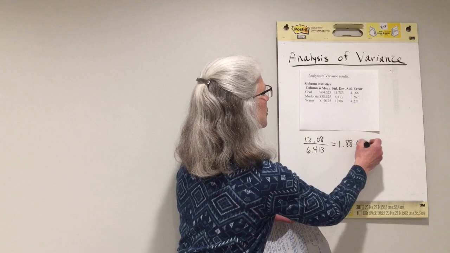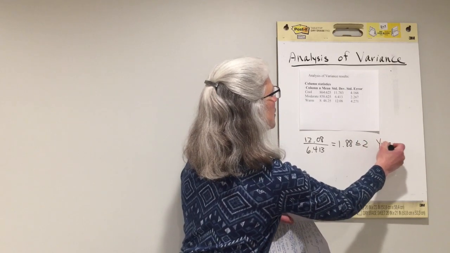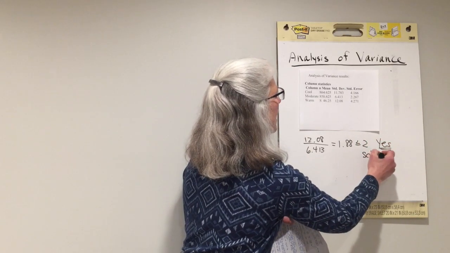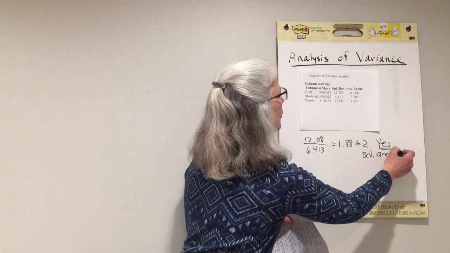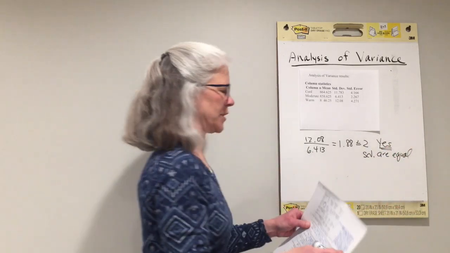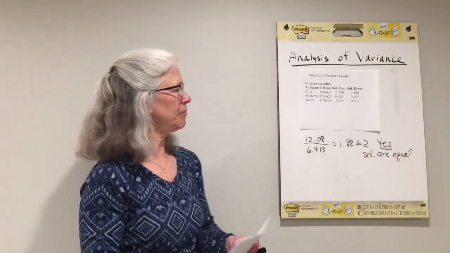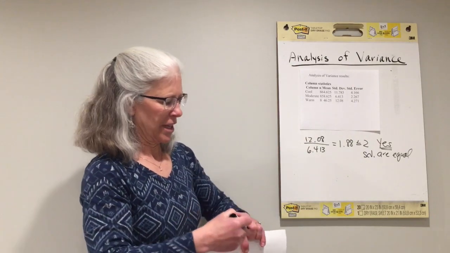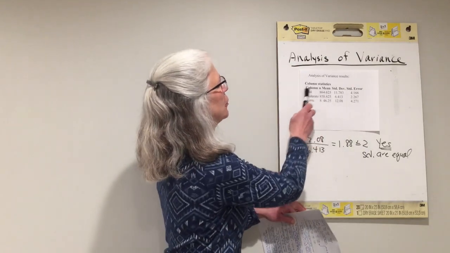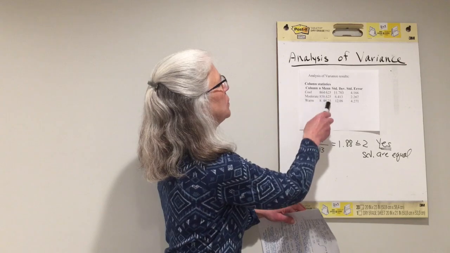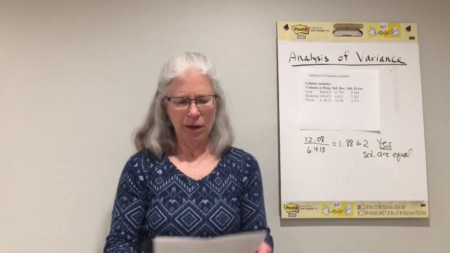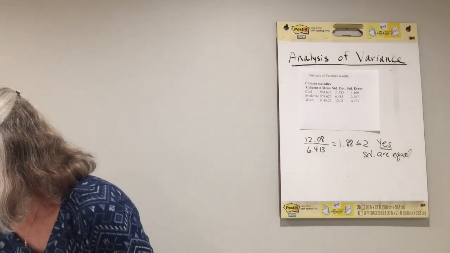That is less than or equal to 2. So yes, the standard deviations are equal. Obviously they're not exactly equal, but they're close enough for us to consider them equal. So we've looked at our descriptive statistics, groups, sample size, means, and standard deviations. Now we'll move on to the analysis of variance table.